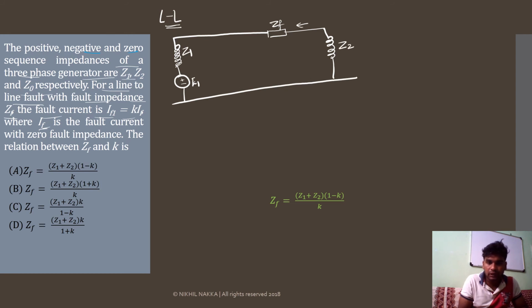This delivers a current of IA2, the negative sequence current. Here the current is IA1, the positive sequence current, and the voltage at this point will be the positive sequence voltage VA1, and the voltage here would be VA2. This is the sequence network for a line to line fault.